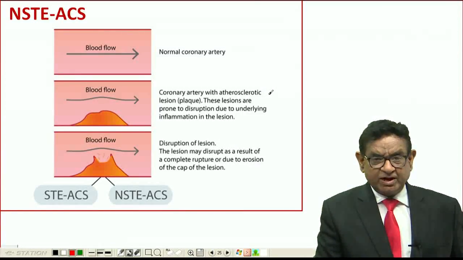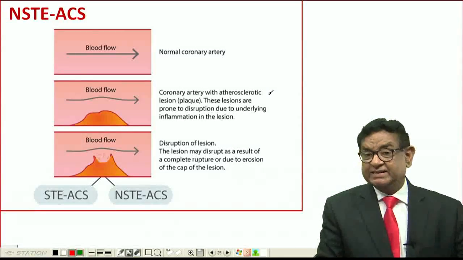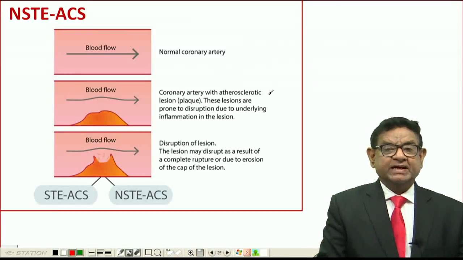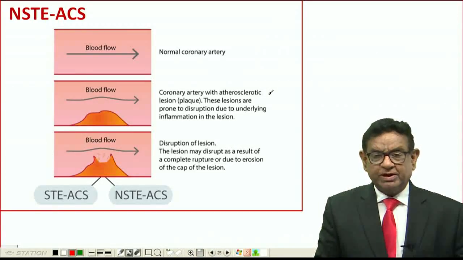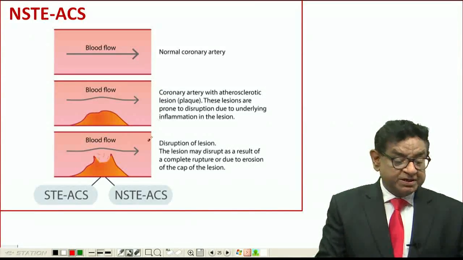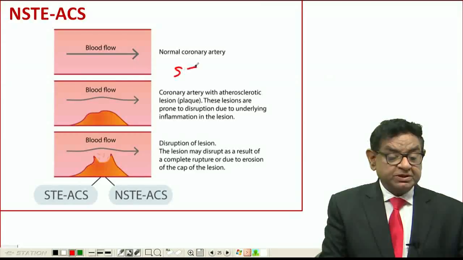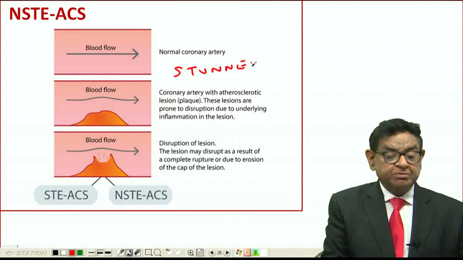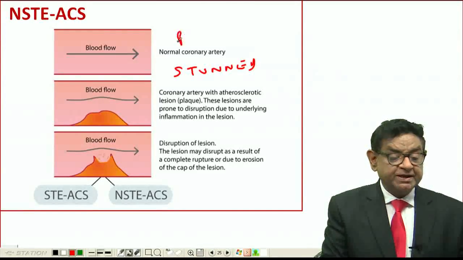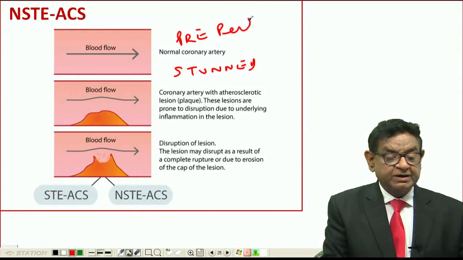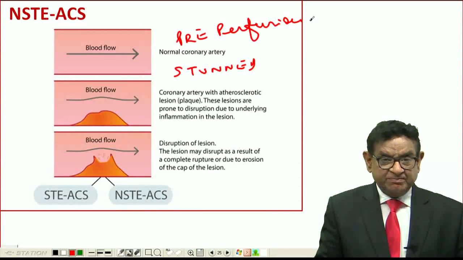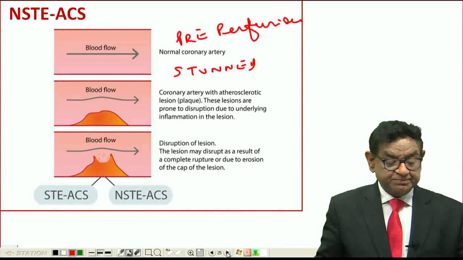Blood has come, but still myocardium is not contracting properly mechanically. The reason being, although blood supply has come, at the tissue level, at the level of mitochondria, proper metabolism is not going on. And that's what we call a stunned myocardium. So stunned myocardium is a post-perfusion myocardium, and hibernating myocardium is a pre-perfusion myocardium. And no need to say that revascularization is of maximum benefit for hibernating myocardium.